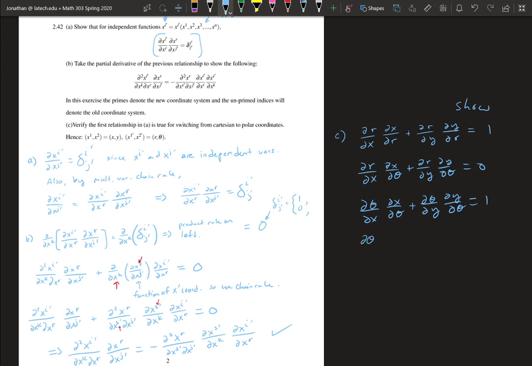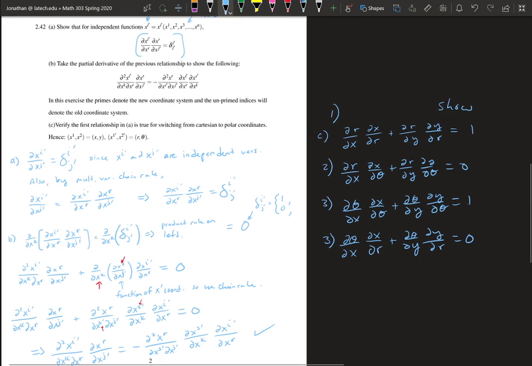And then partial theta, partial x, partial x, partial r plus partial theta, partial y, partial y, partial r equals 0. So we need to show that these four work out explicitly, even though we've shown it generally. We just want to show, for example, that it does work for Cartesian to polar.